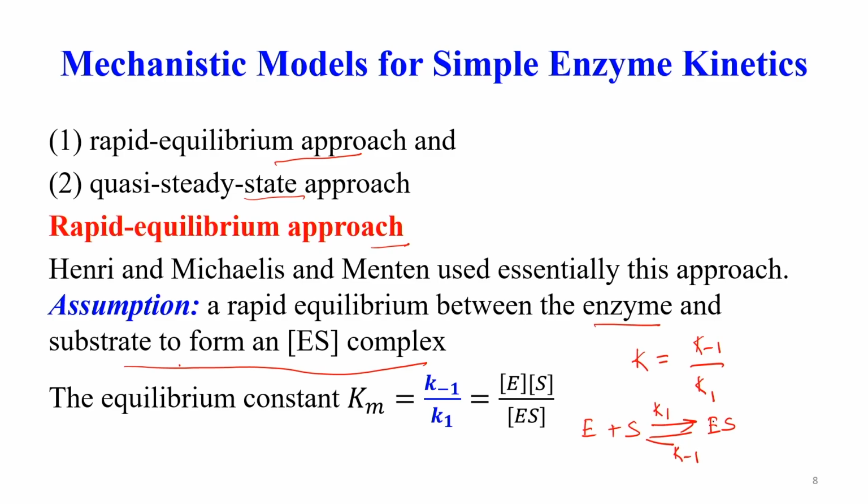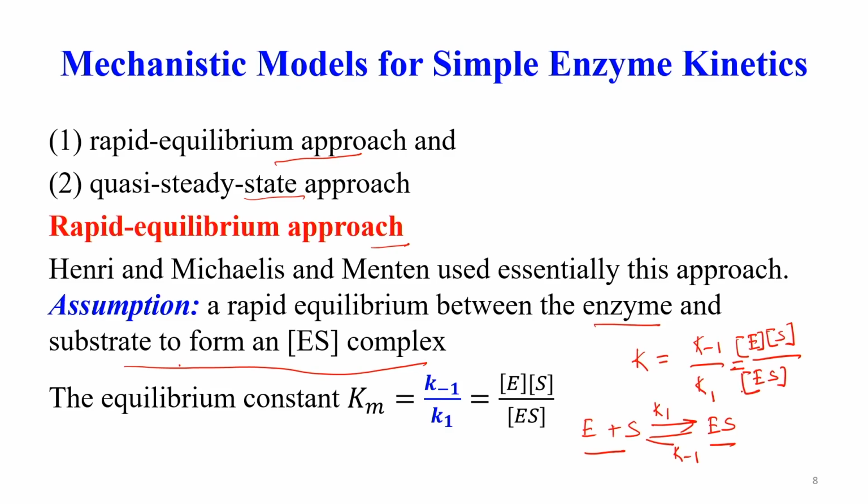So, here the equilibrium constant will be K equals K minus 1 upon K1. The same can be written in terms of concentration of the reactant and product. So, this will be equal to [E][S] divided by [ES], alright.